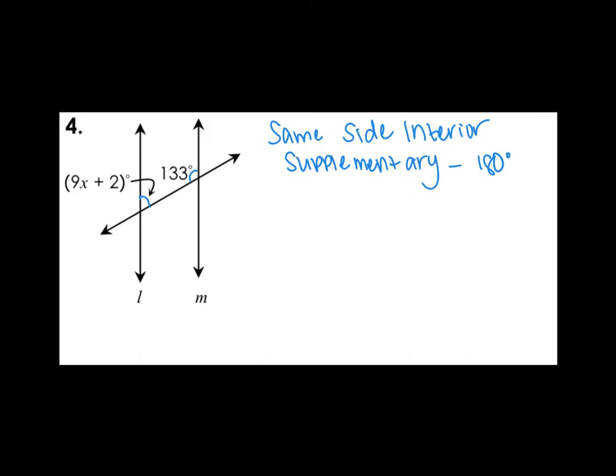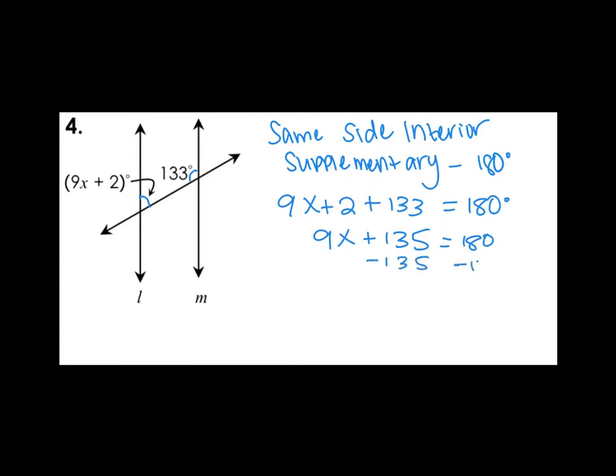So I'm going to say 9x plus 2 plus 133 equals 180. So 9x plus 135 equals 180. Subtract 135. We're left with 45 equals 9x. I divide by 9, and I get x equals 5.